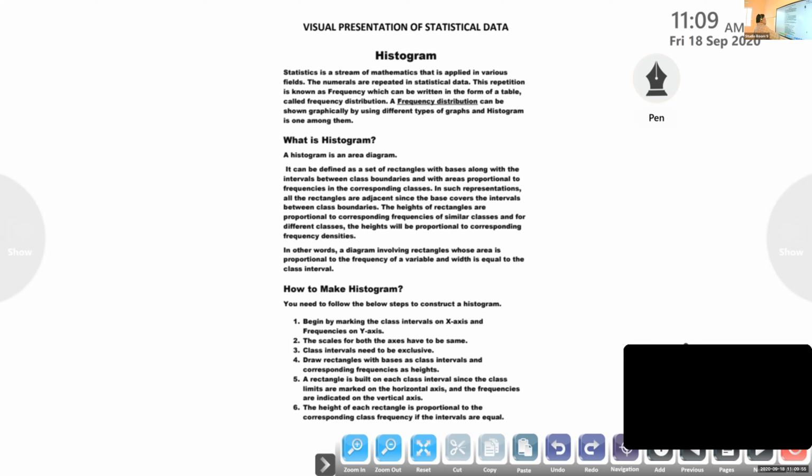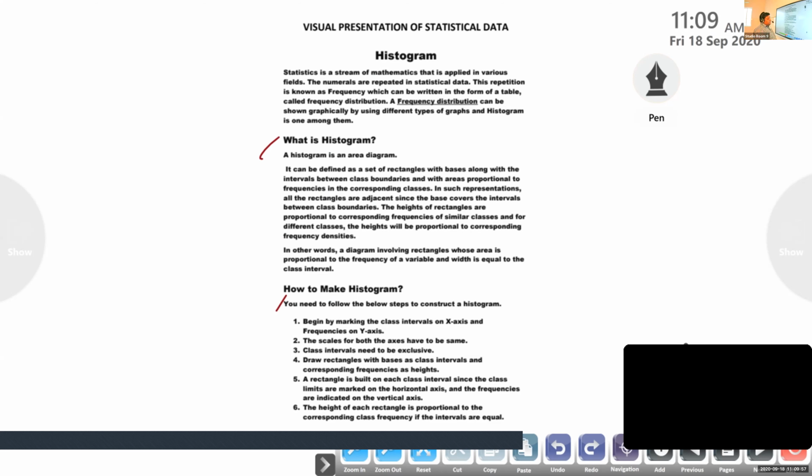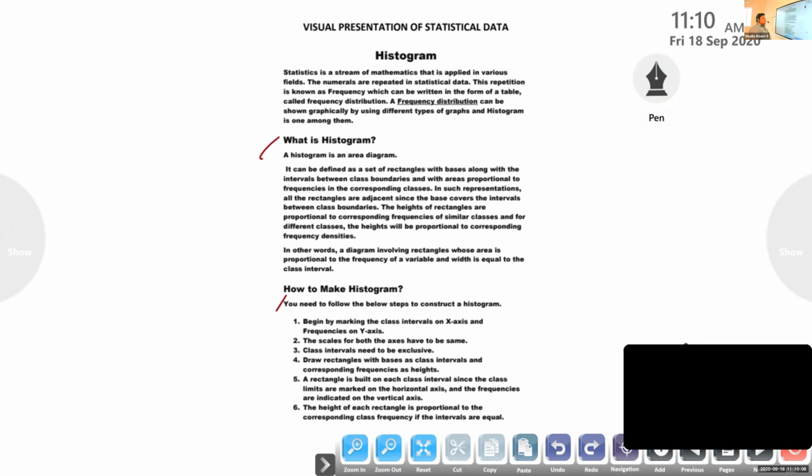So all these things we already discussed. What is the basic difference between a histogram and a multiple bar diagram or a simple bar diagram? It is a two-dimensional figure, correct? And at the same time, there is no gap between two bars in a histogram.